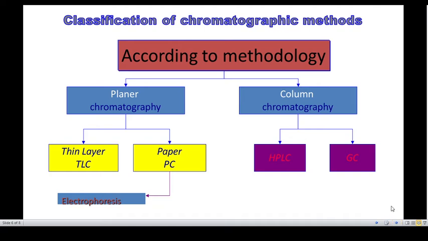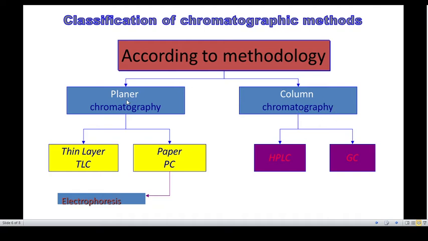Now, classification of chromatographic methods. According to the methodology, there are two types: planar chromatography and column chromatography. In planar chromatography, the stationary phase is taken in the form of a plane or layer, but in column chromatography, the stationary phase is filled in a column.